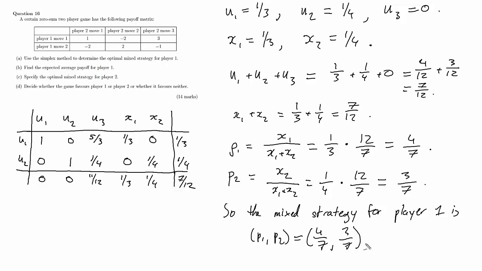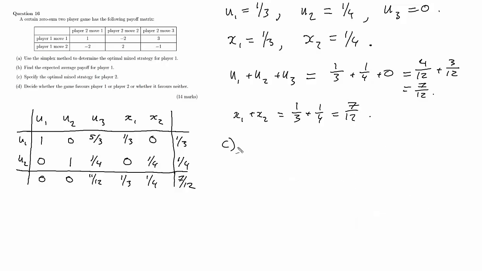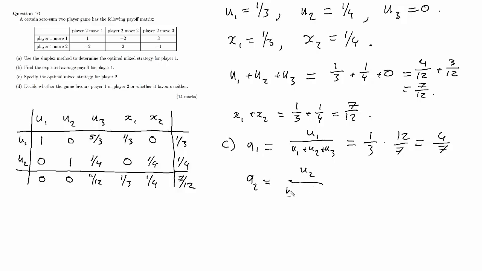We can do part C immediately from here as well. We have the probability that player 2 should make move 1 is u1 on u1 plus u2 plus u3, which is 1/3 times 12 on 7, which is 4 on 7. The probability that player 2 should make move 2 is u2 on u1 plus u2 plus u3, which is 1 on 4 times 12 on 7, which is 3/7.